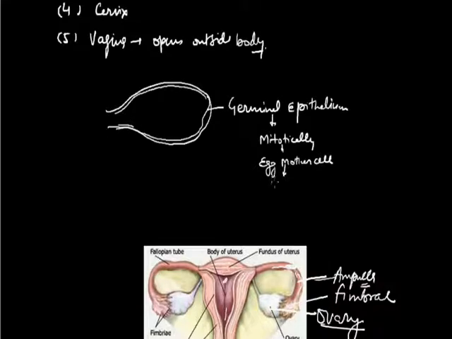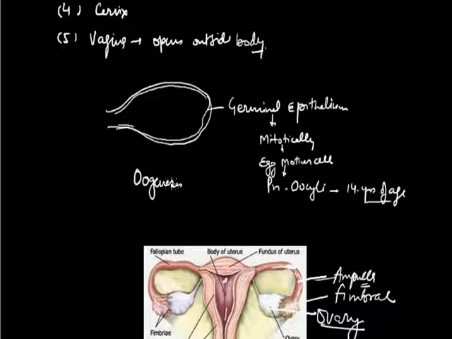It leads to development of the primary oocyte. In mammals, particularly in humans, the primary oocyte is retained until around 14 years of age. This entire process is under oogenesis. When the germinal epithelium divides mitotically to give rise to the primary oocyte, it is the first part of oogenesis.